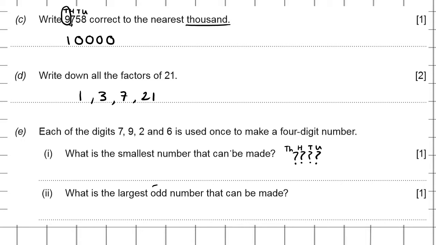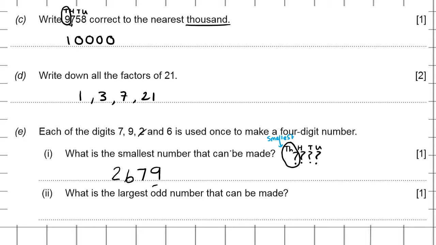We want the thousands to be the smallest, so we use 2. Then we want the hundreds the next smallest, so that's 6. Then the next smallest, 7. And then 9.